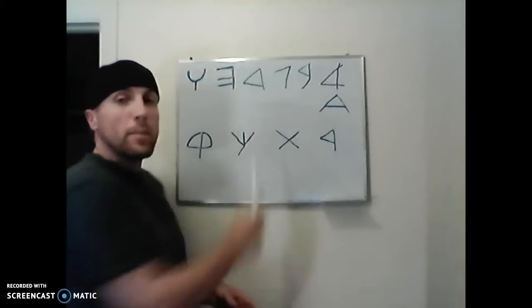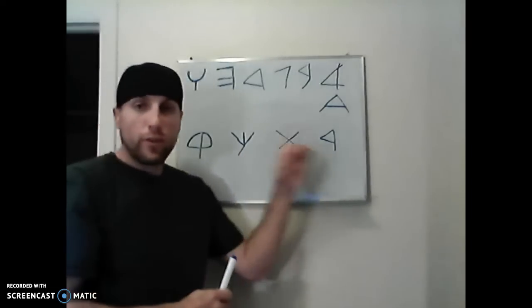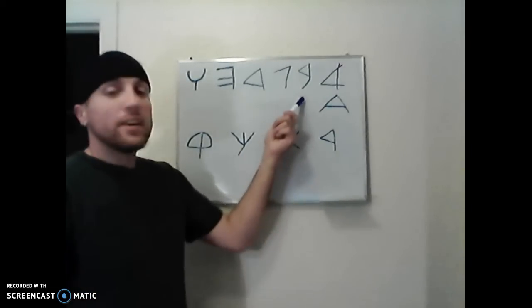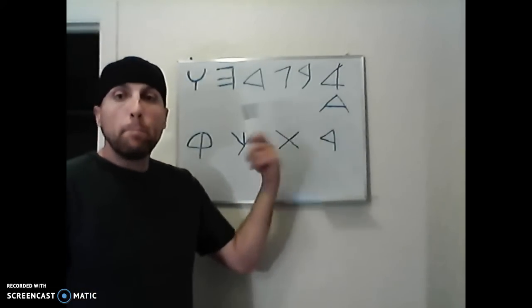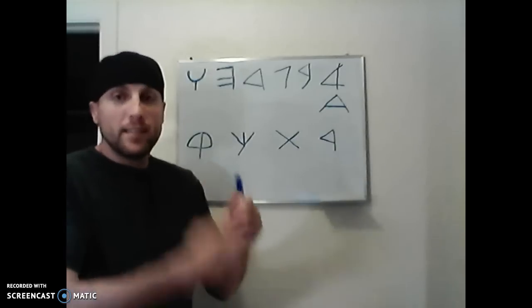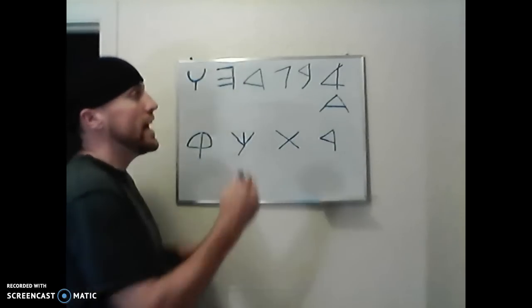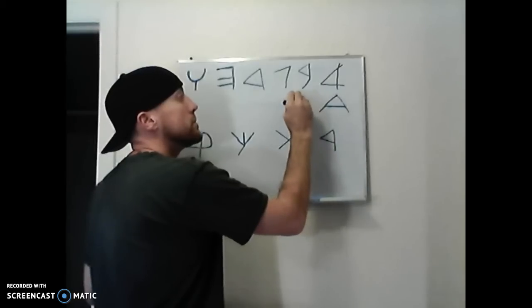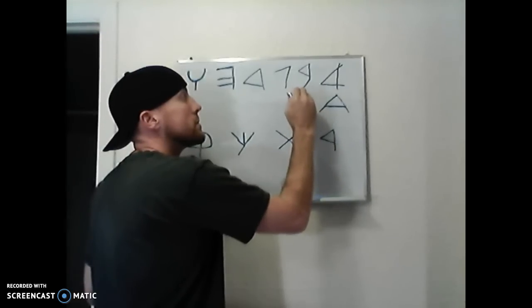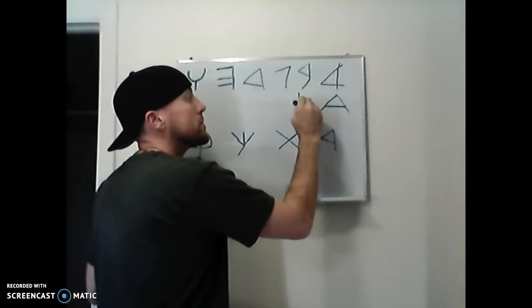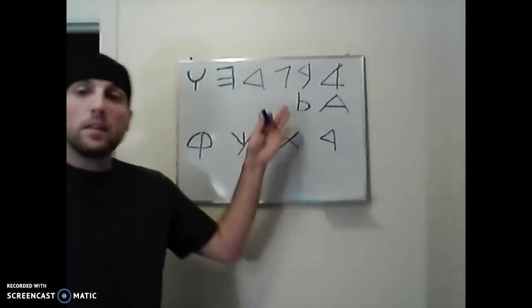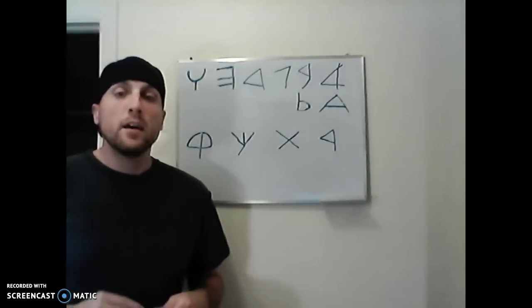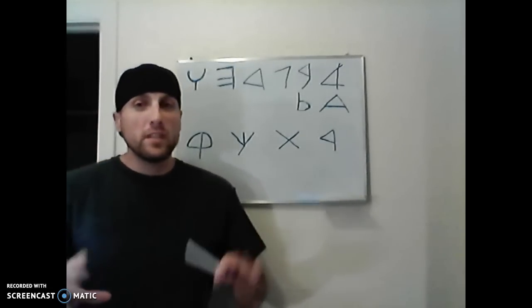Now the second letter, I'm not going through all of them. I'm just going to show you the first 2 here. The second letter is called Bait. Bait, like fishing bait, right? And our second letter is the letter B. Now I'm drawing the B lowercase just so you can get an idea, because there's a little play with much of these letters.